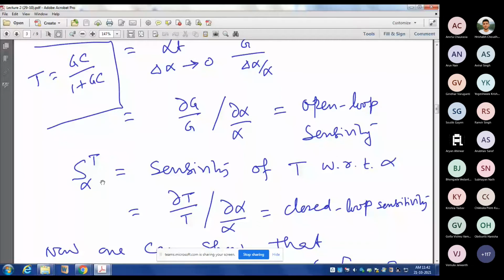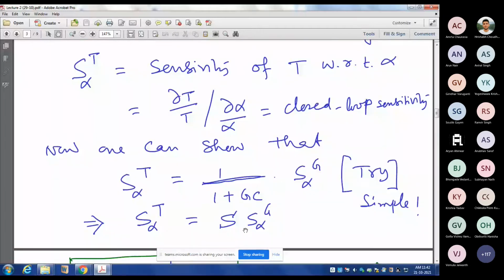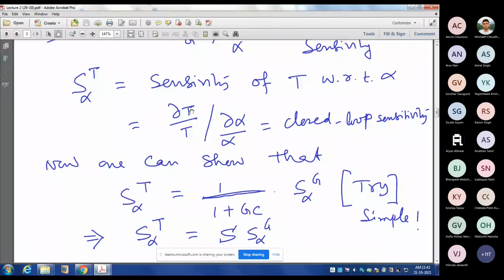Now you can easily derive this. I have not derived it, so you just derive it. One or two lines are needed, just differentiation, because T is given.